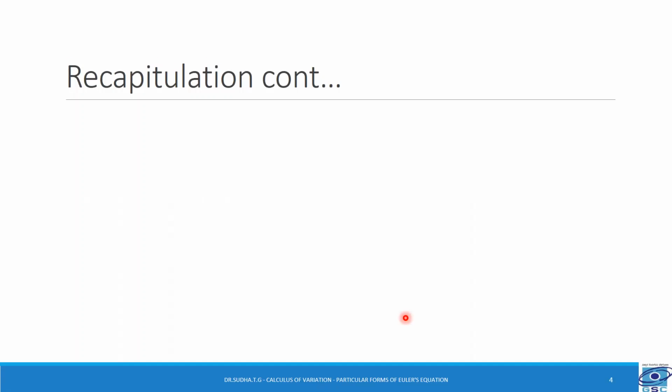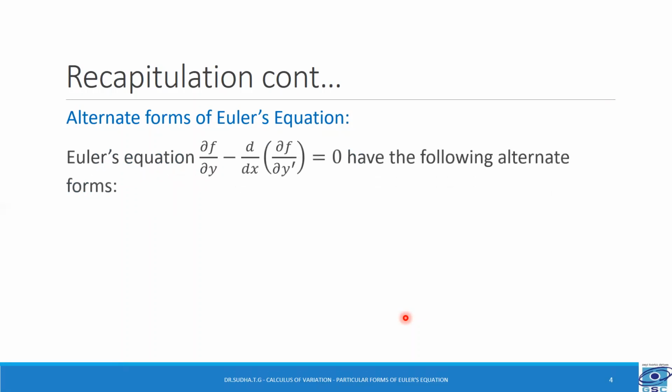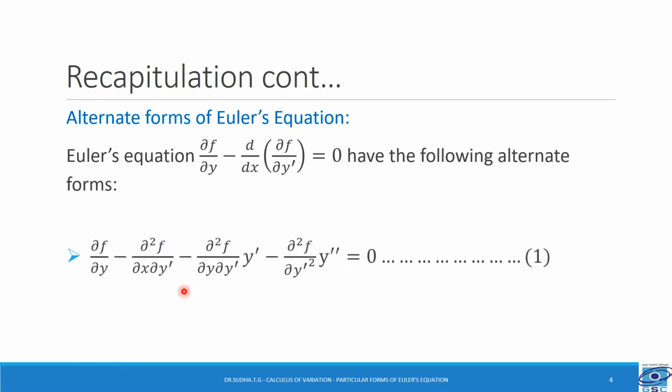In the previous session, we have seen that Euler's equation has two alternate forms. The first one: ∂f/∂y minus ∂²f/∂x∂y dash minus ∂²f/∂y∂y dash into y dash minus ∂²f/∂y dash square into y double dash equals 0.